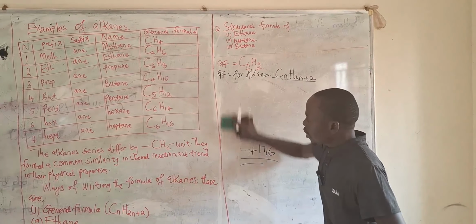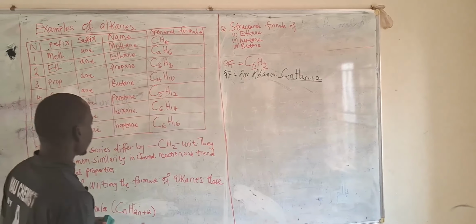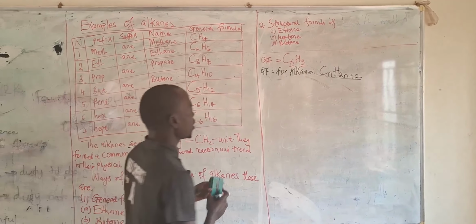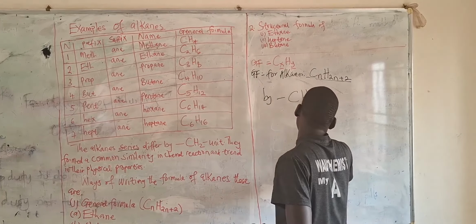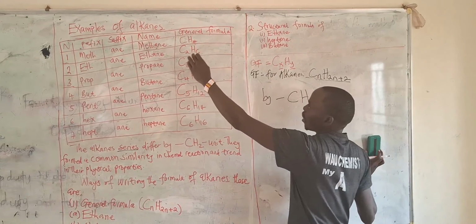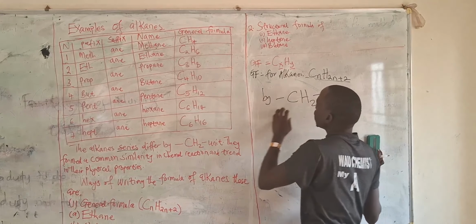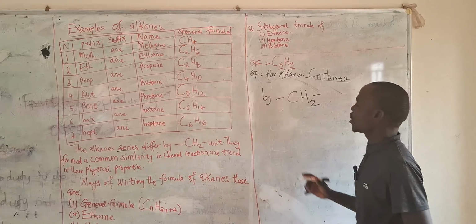But the most important thing here is that from this table, we see a series that differs by CH2. When you look at it critically, the difference between each member and the next is CH2. Why are we saying CH2?